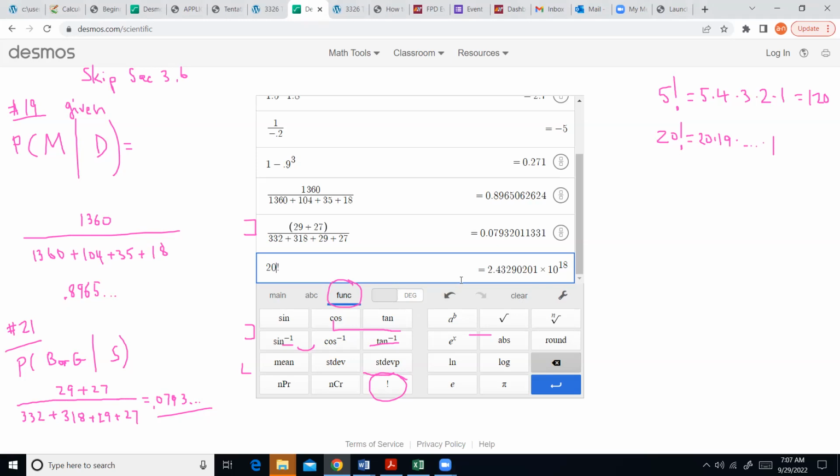So what is this? This is a huge number. It turns out that this number is about 10 to the power of 18. So you need to move your decimal 1, 2, 3, 4, 5, 6, 7, 8 places. And since the power is 18, you need to add 10 more zeros.